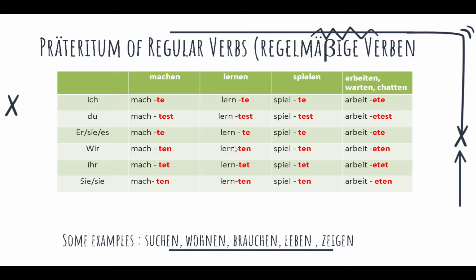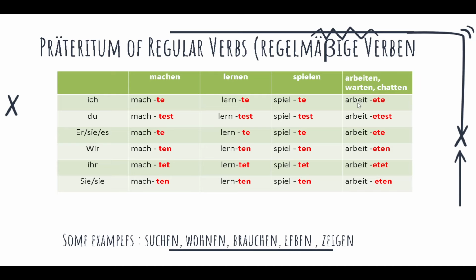Now lernen is also conjugated in a similar way. In the same way you can conjugate the verb spielen. Then let's do arbeiten. So arbeiten is slightly different. Whenever you remove en from the verb, and the root of the verb has t or d at the end, such verbs will take an extra e.